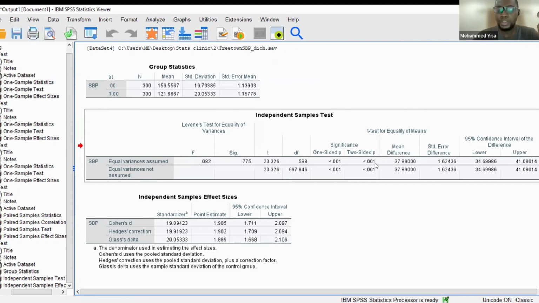You look at the p-value, and it is statistically significant. If you come to the confidence interval, it does not cross 0, which means it is statistically significant. So on average, the blood pressure in the treatment group was 37.9 millimeters of mercury lower than that of the non-treatment group.